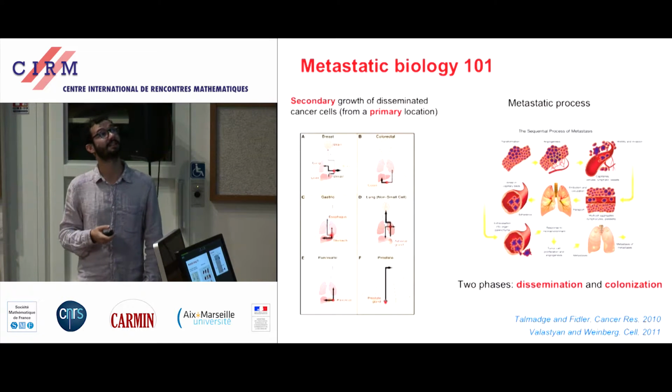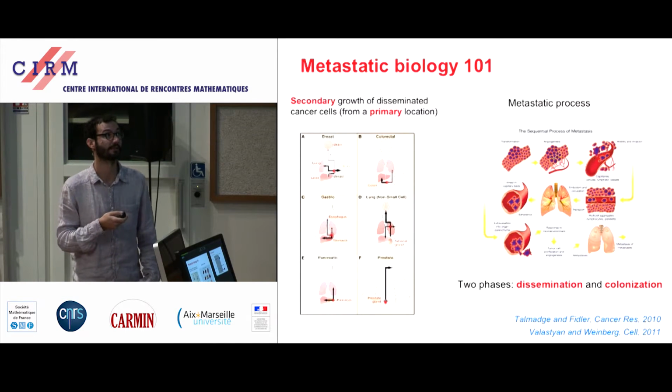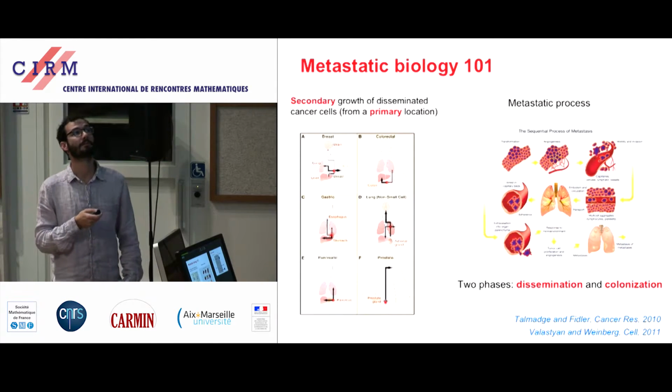All right, so just some very basic notions of metastatic biology. One intriguing fact is that, depending on the primary site, metastasis can happen in different secondary organs. For instance, breast cancer can metastasize almost everywhere: to the bones, the brain, the lungs, the liver.